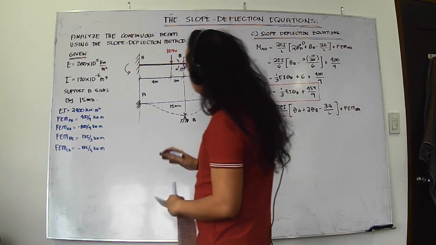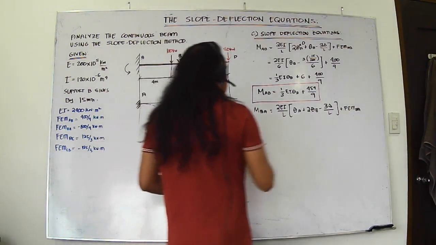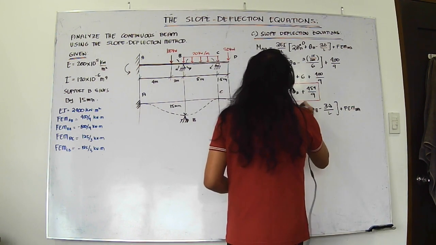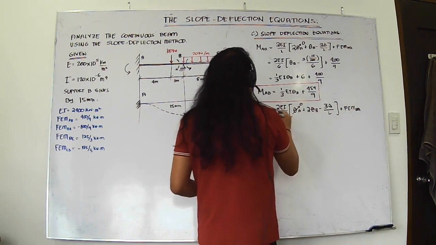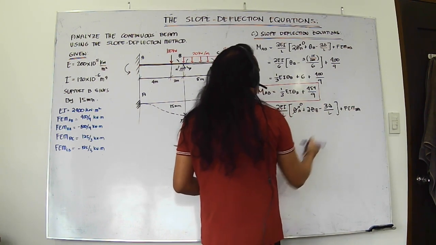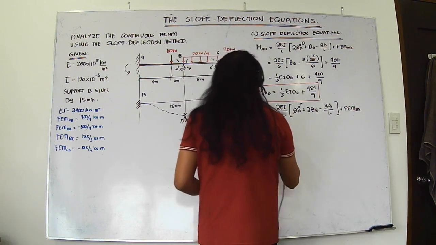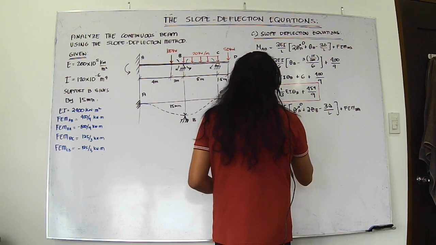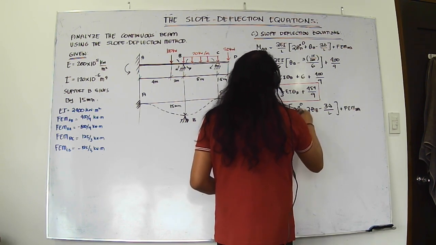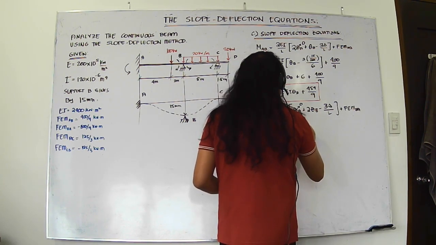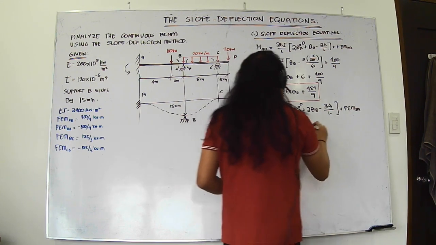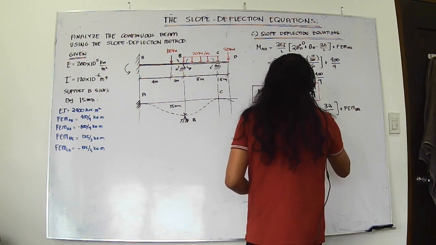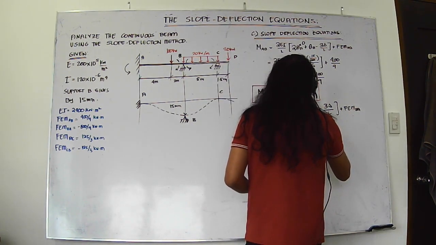Let's substitute. This is 0, and L is 6. Substituting directly, 2EI over 6 multiplied by 0 plus 2 theta B, minus 3 times negative 15 over 1,000.